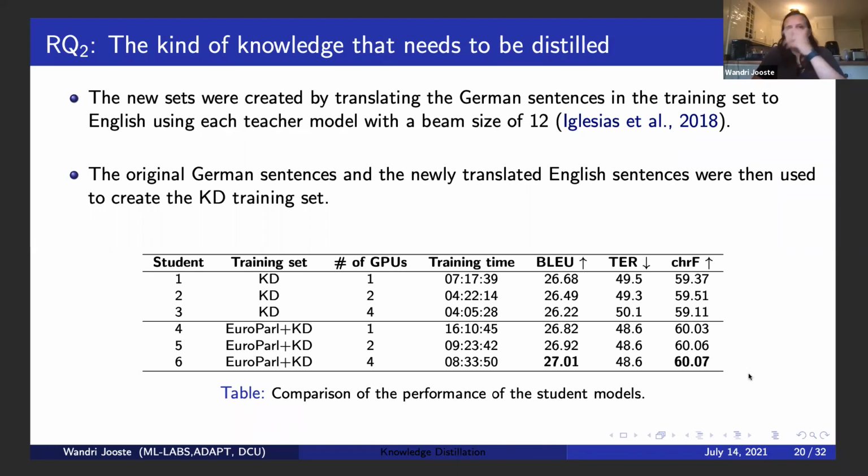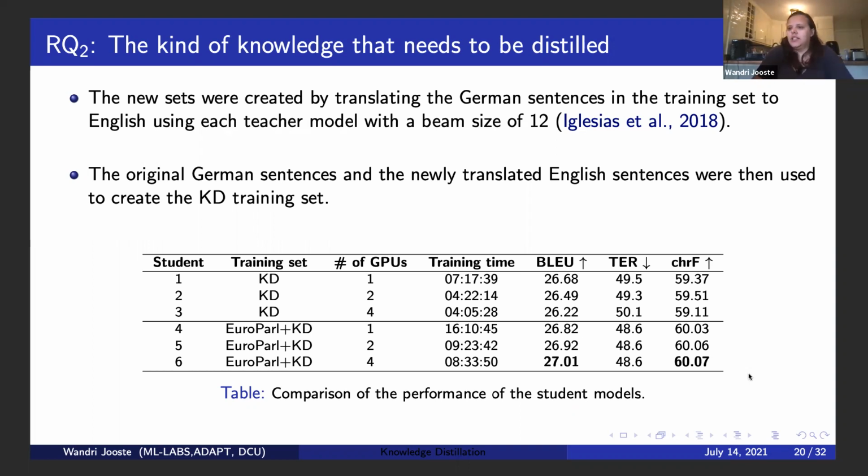If you don't want to experiment, 12 is a good start for beam size. But we need to experiment with that a bit more, because if you choose a smaller beam size, you can translate these sets quicker, and we need to see if that makes any difference to the performance.